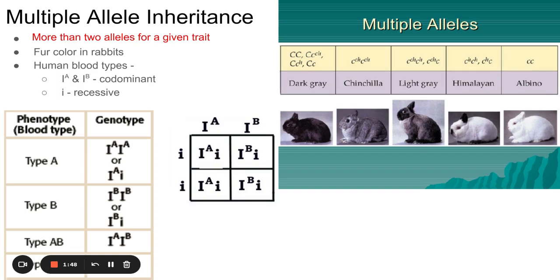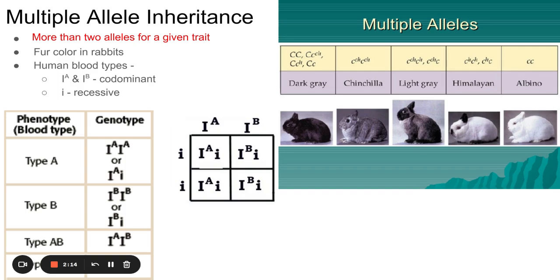These rabbits. Rabbit fur color is genetic, of course, but it's not just two versions. It's not like the example we just did, brown fur color or white fur color. There's actually several different alleles for it. So that's why rabbit fur color can be very dark, like black.